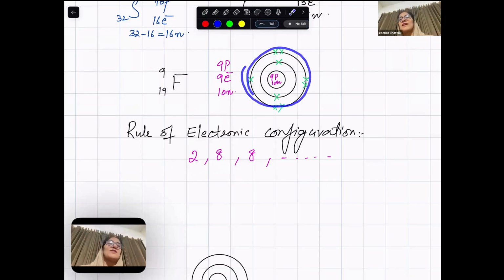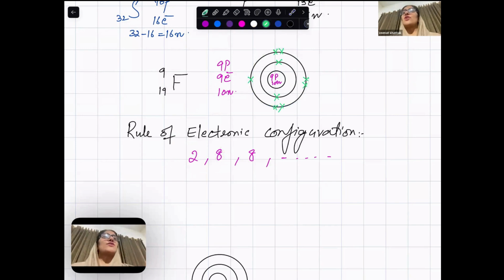The capacity of the second shell is 8. So 2 electrons of the fluorine are in the first shell and 7 are in the second shell. So there are 7 electrons in the outermost shell.